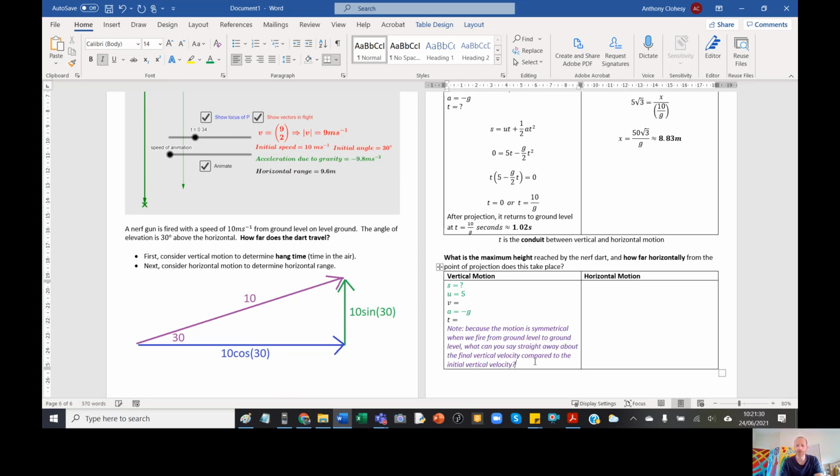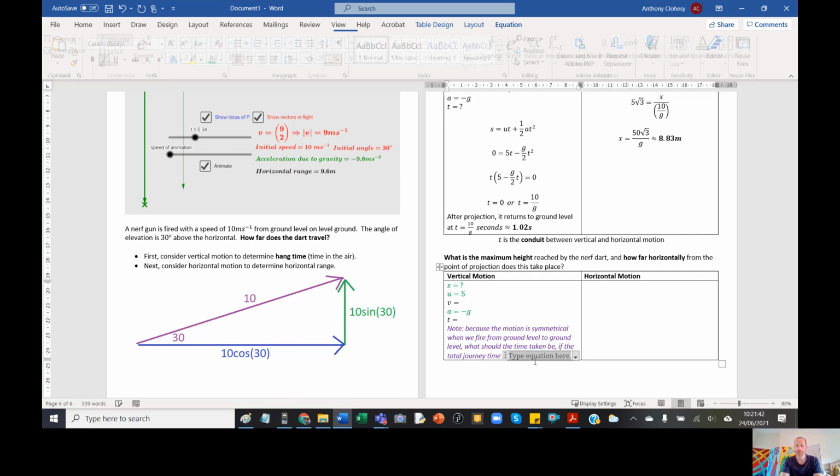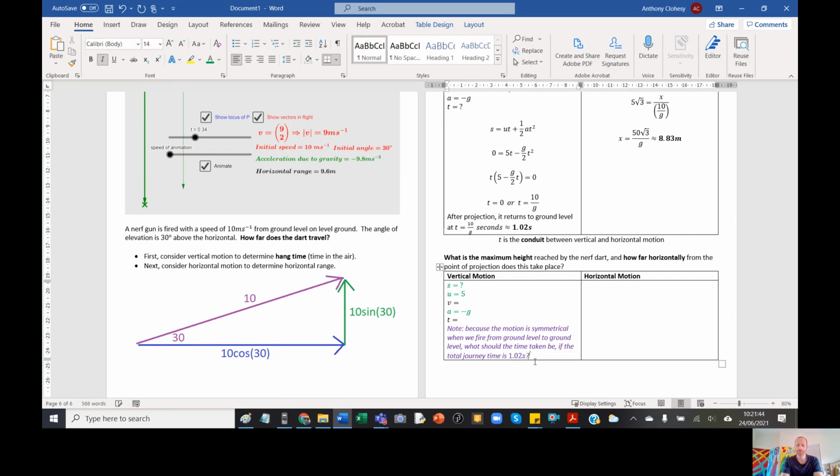You could say, because the motion is symmetrical when we fire from ground level to ground level, what should the time taken be if the total journey time is 1.02 seconds? It's possible to infer that directly because of the symmetry, but we're going to leave t for now and focus on v because it's more useful generally.